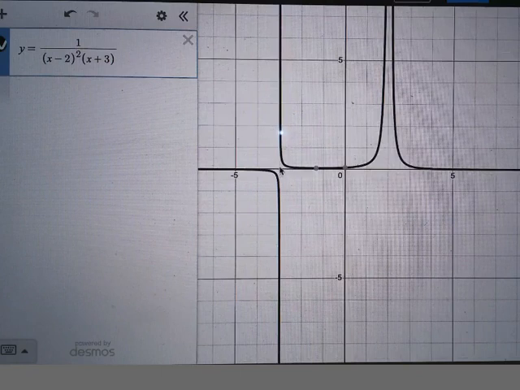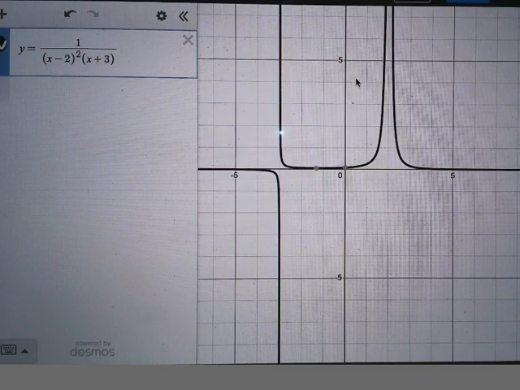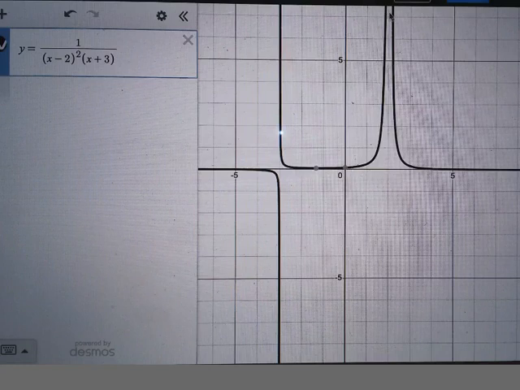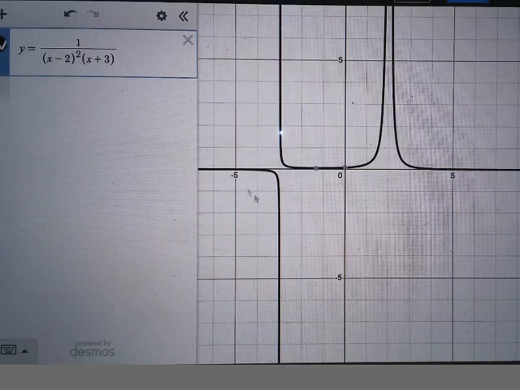It's also avoiding negative 3. Well, negative 3 plus 3 would be 0, and it can't divide by 0. So we've got 2 vertical asymptotes now. This one, because of the multiplicity being 2, goes in the same direction, getting asymptotically closer to 2, and at the minus 3, it's going in opposite directions.